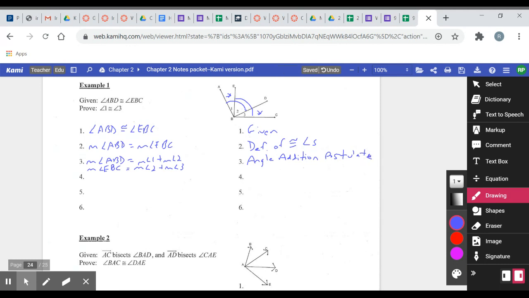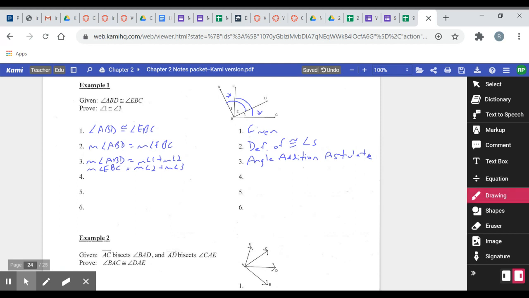All right, from there, keep looking at what you're trying to prove. I'm trying to prove that 1 and 3 are congruent to each other. Right now I have 1 and 3 in equations, but they're in different equations, and somehow I need them in the same equation.